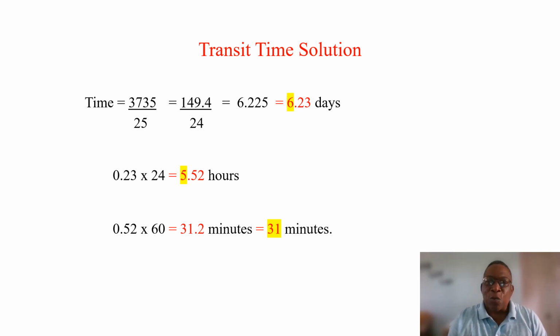As I said, we are stopping at minutes. If we were continuing to seconds, we would multiply 0.2 times 60. So the transit time between the two ports is 6 days, 5 hours, and 31 minutes.